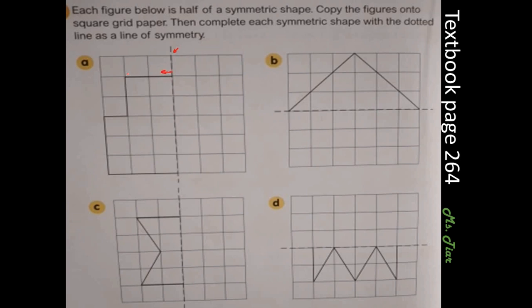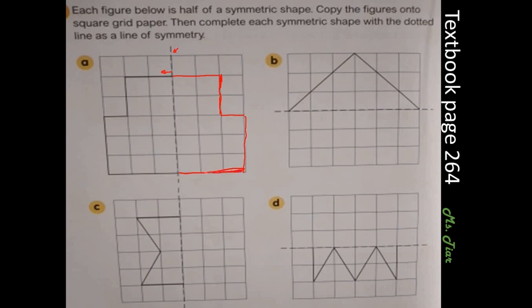This area goes to this side 2 boxes. So you go 2 boxes like this, and then it goes down 2 boxes. Then go to the left 1 box, then go down 3 boxes.